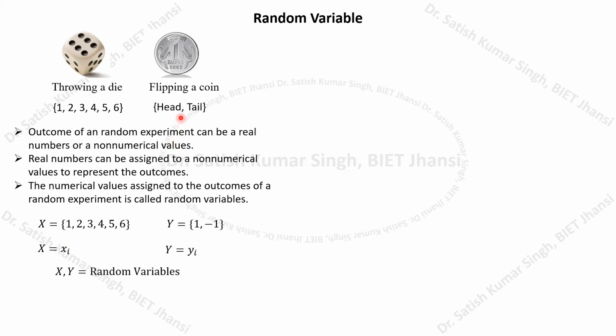Similarly, I can assign the outcome of the flipping a coin experiment a particular random variable, and that random variable will be y. It takes the value 1 corresponding to head, and -1 corresponding to tail. So this random variable x can have any value denoted by xi, where xi is the value of that particular random variable.